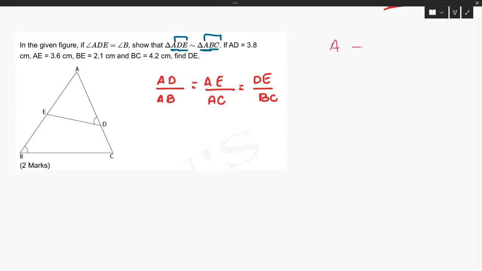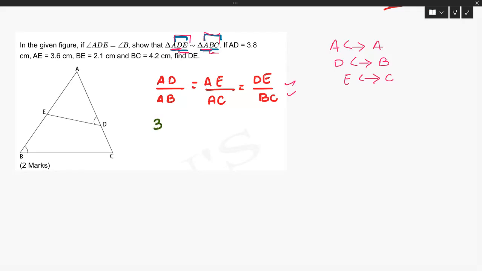See, A corresponds to A only, D is corresponding to B, and E is corresponding to C. That is important. AD I wrote from here, so AB I will write down. DE I am writing here, so BC, and AE I wrote from here, so AC I am writing here. Clear?